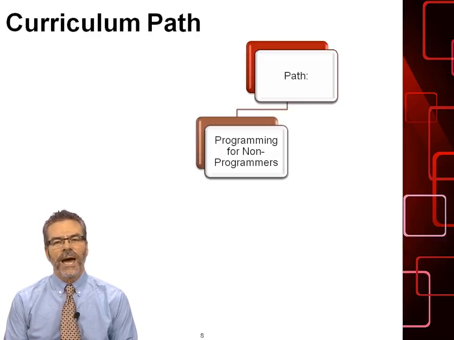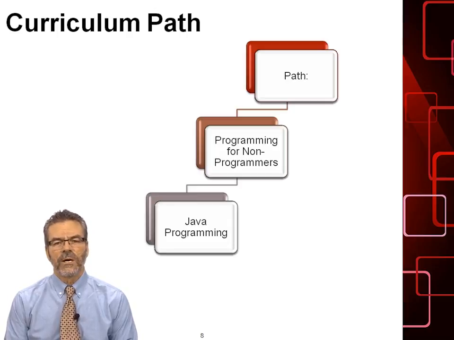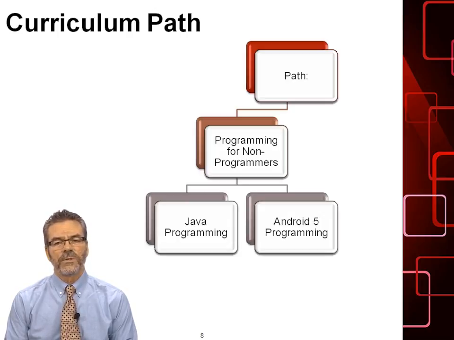Now, what would be a path that you could go through as you take this course? Well, you could begin with programming for non-programmers and learn your basic skills of writing code. You could then take Java programming and learn how the language is used to write Java programs, which, it turns out, Android uses as its language.